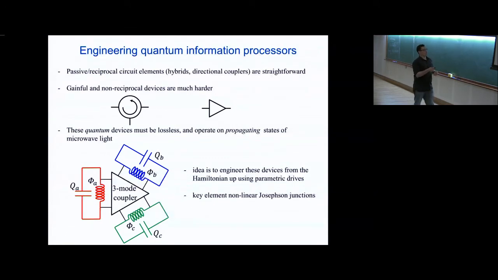So we have to have our Josephson junctions, we have to have our sort of 3-mode multiply coupled devices and try to figure out how to work backwards from some ansatz device, or today, the other way around. And they need to be quantum devices, lossless, and the idea is that we're going to make some Hamiltonian who, when subjected to an open system, becomes the information processing unit that we like from Josephson junctions.